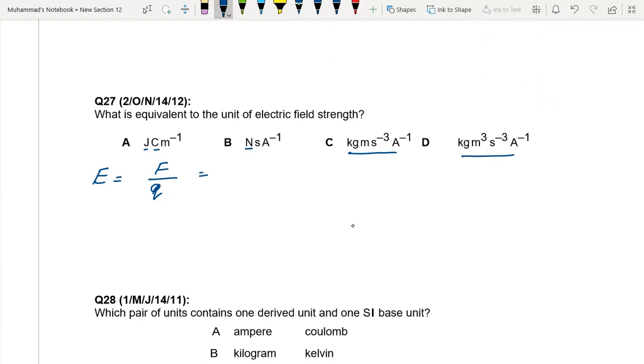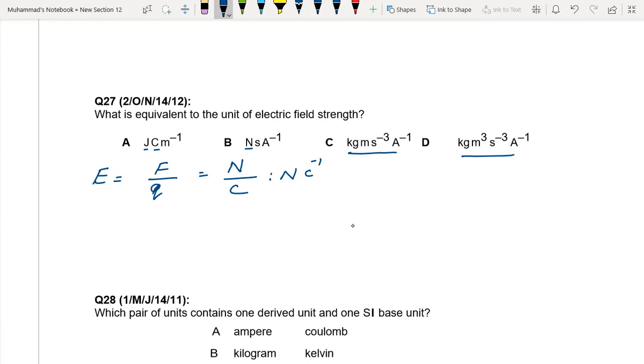So if you first put derived units, that is Newton per coulomb, charge is coulomb. This is the derived unit of electric field strength.